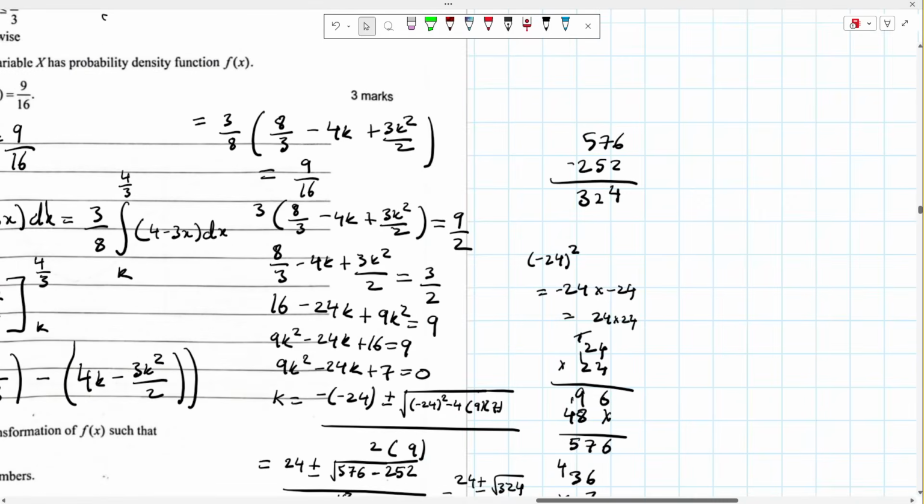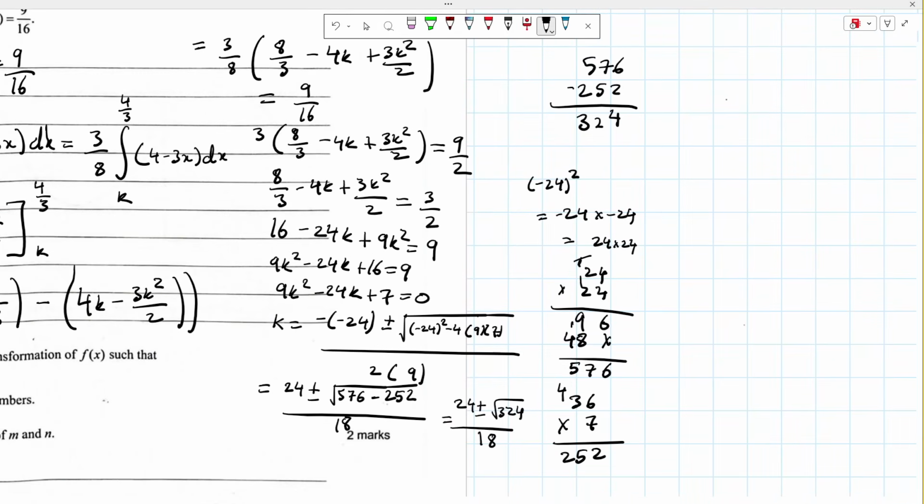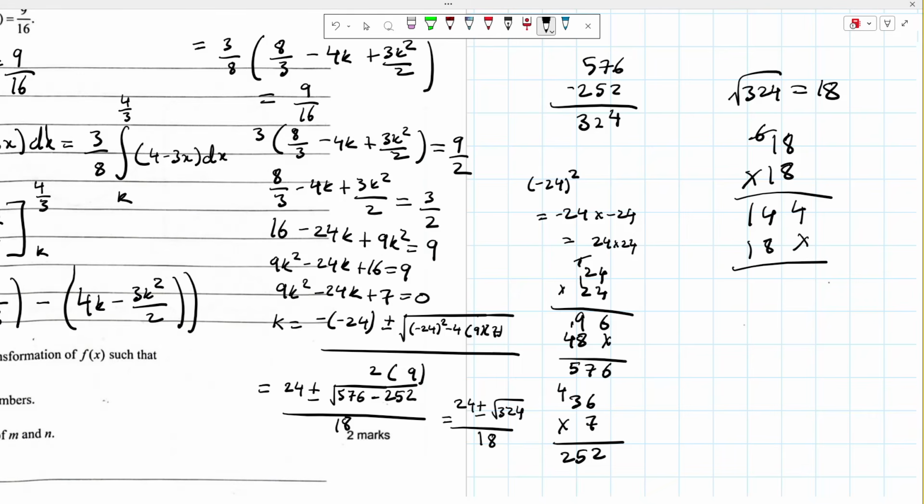Now, the square root of 324 should actually be 18. Right? Because let's check that out. What's 18 times 18? Yeah, so it's actually 324.